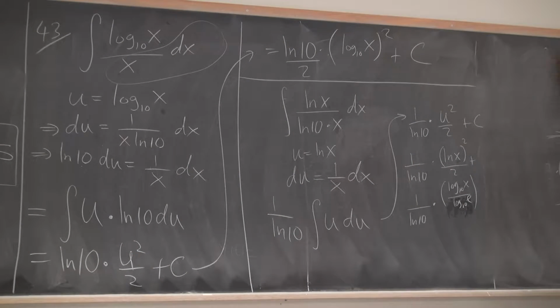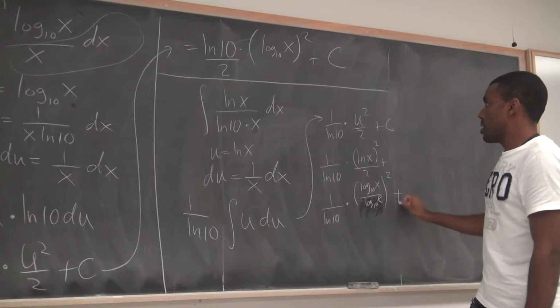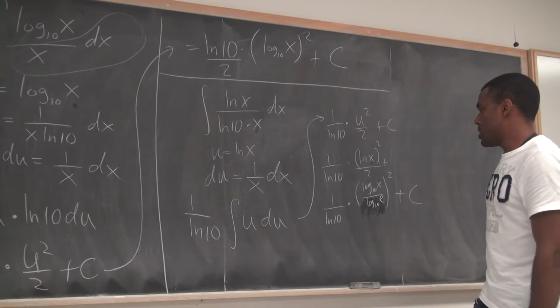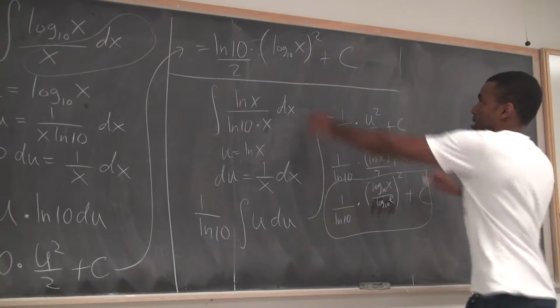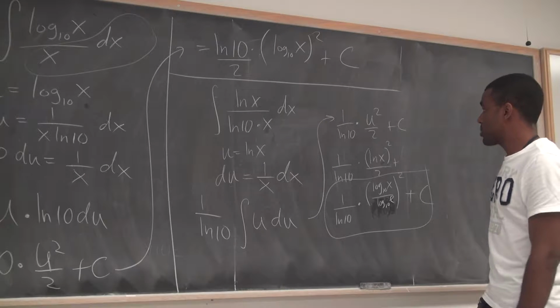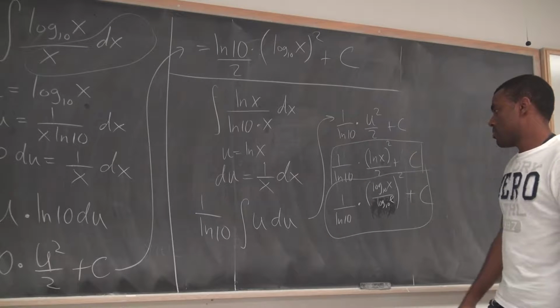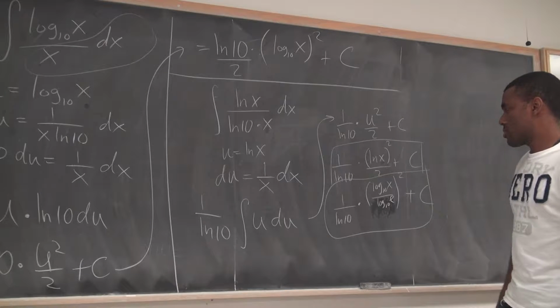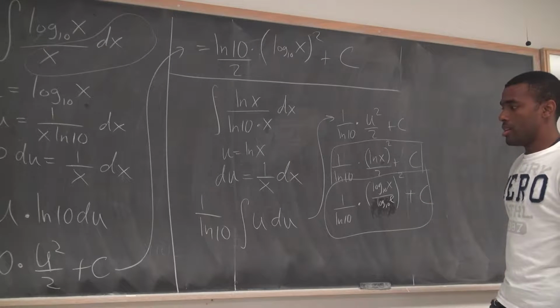I left it the version above, the one above it. Yeah, so it'll be one whole fraction, it'll be ln x squared over 2 times ln 10. It's the same thing. If you change log base 10 of x squared in your original answer, you get the same thing.